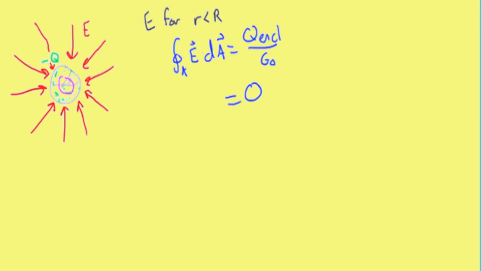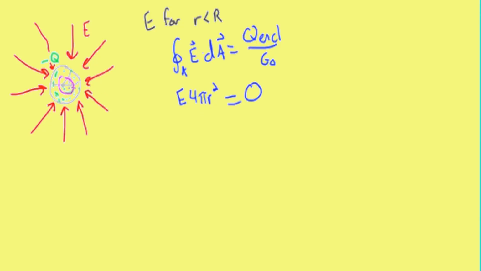We will choose a Gaussian surface inside of this, so it's a smaller sphere that's in here. That will have some surface area which will be equal to 4 pi r squared, and then it's going to be multiplied by the E field.